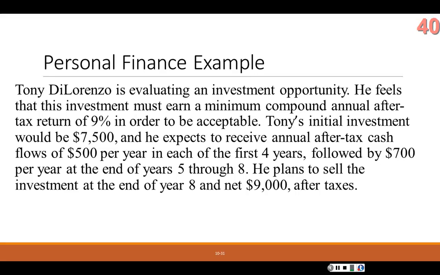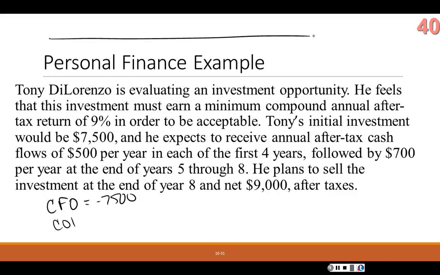So we can determine whether or not this is acceptable. First, we need to put this into our cash flow worksheet. So at time period 0, Tony would spend $7,500. He receives $500 a year for 4 years.